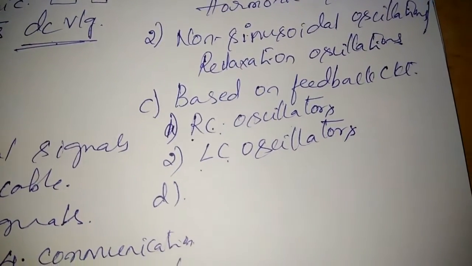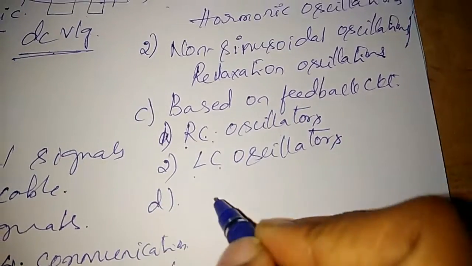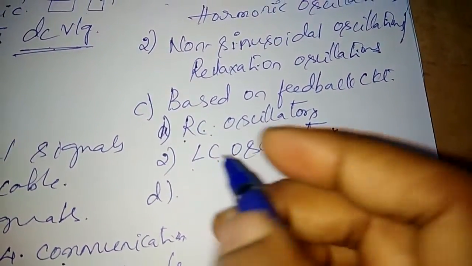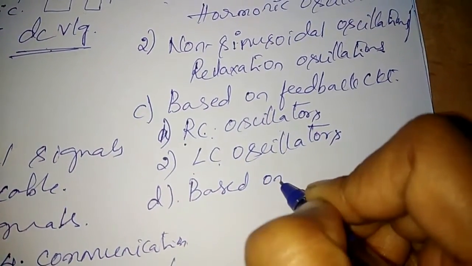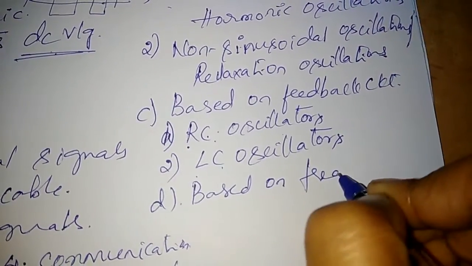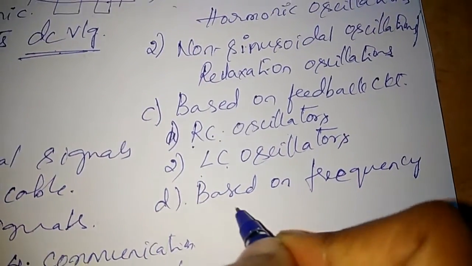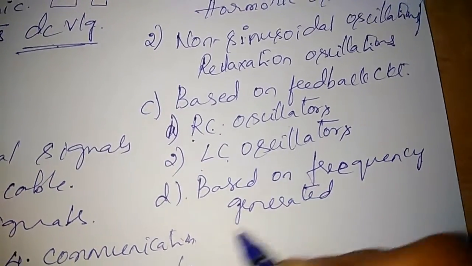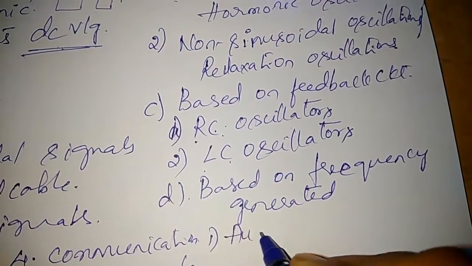One more is based on the frequency of the generated signal, or the range in which it generates frequencies. It generates some frequency without any input, right? So based on frequency generated, the very first one is audio frequency oscillations.